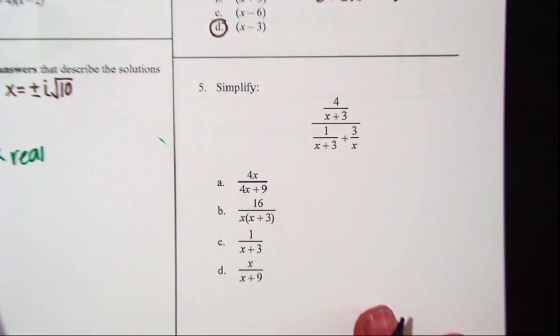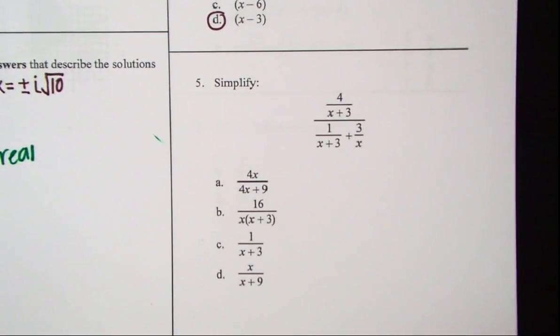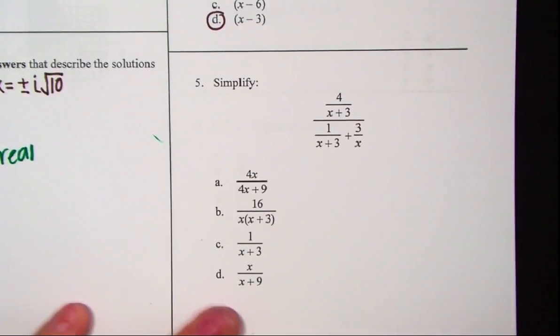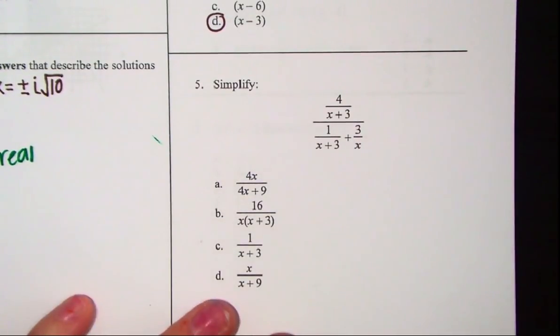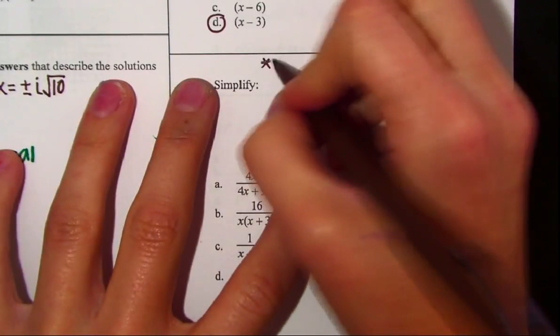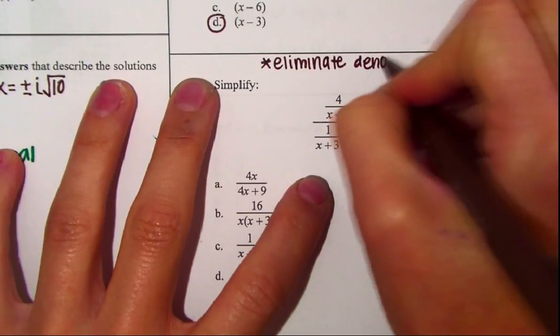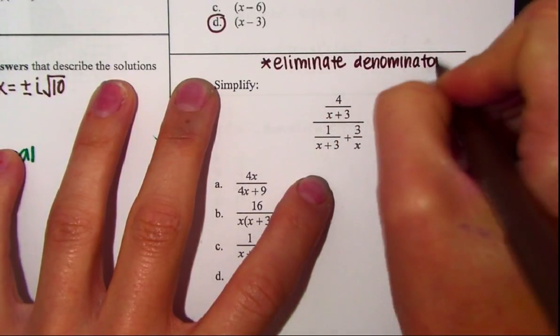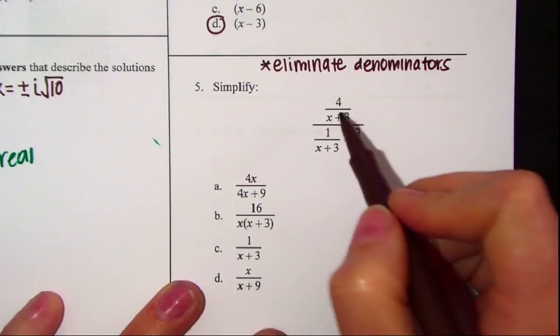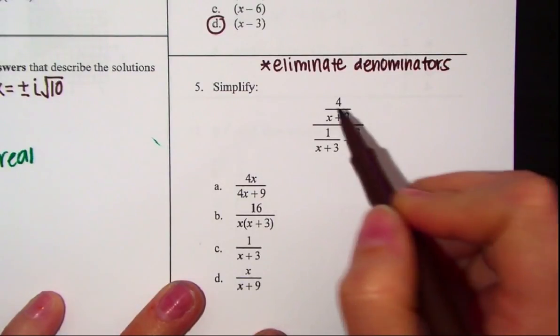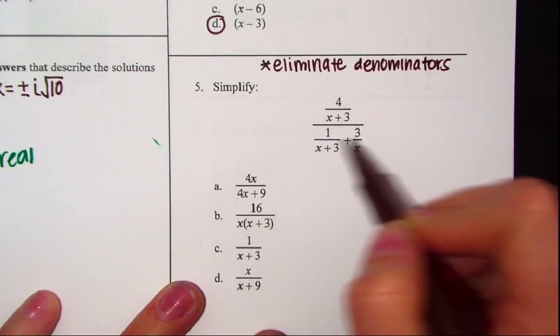Number 5, we are going to simplify this complex rational function. So this complex fraction, what we're going to do is we are going to eliminate the denominators. And when I say denominator, it's the denominators of each of these 3 fractions. So we're going to get rid of x plus 3, and x.